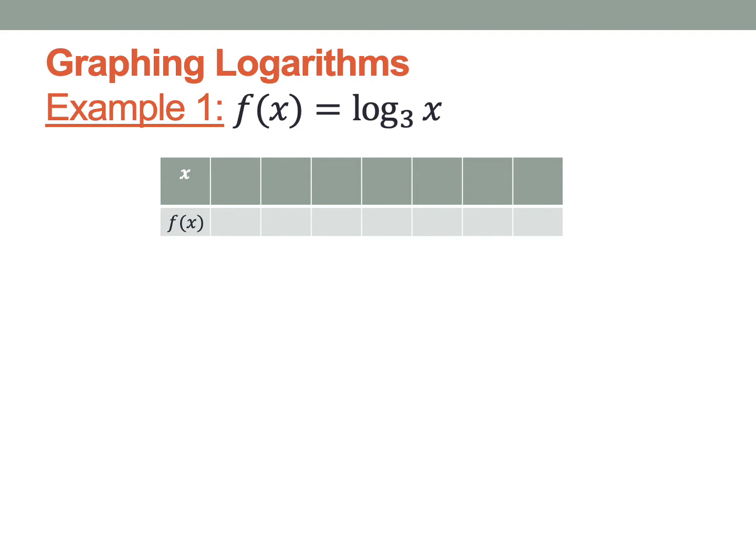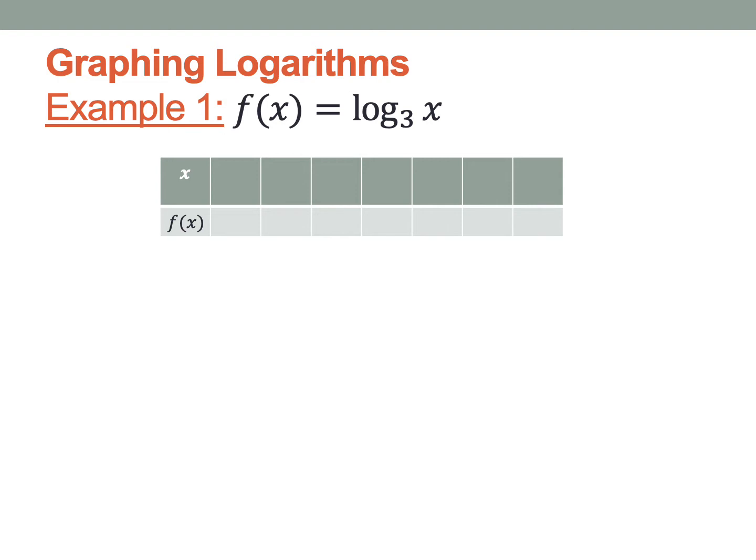So let's just remind ourselves what a logarithmic function is. It's an inverse of an exponential function. It's the inverse of 3 to the x. So normally in a 3 to the x function, your x values are just normal numbers, and your y values are your powers of 3.